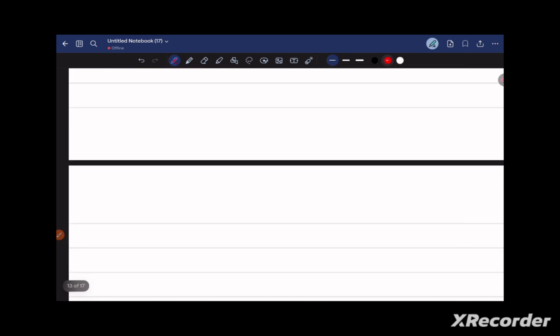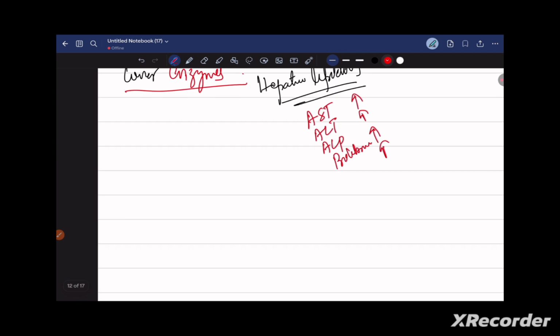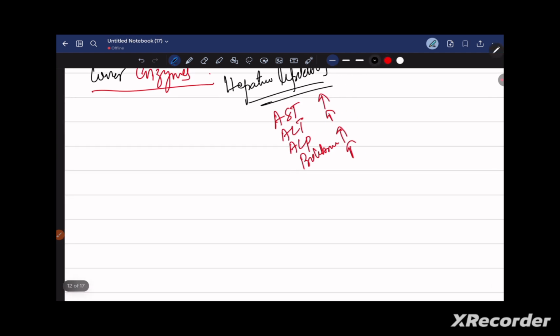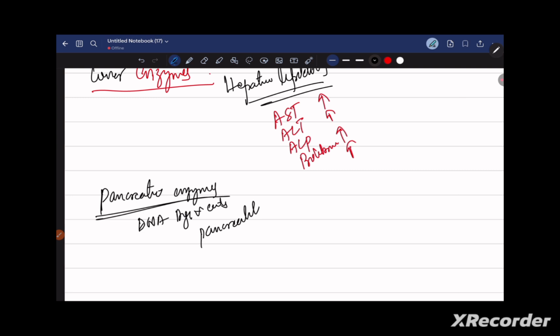When you are dealing with a DKA patient, always see also the status of pancreatic enzymes, mainly because in DKA dogs and cats pancreatitis is common. How will you diagnose pancreatitis?